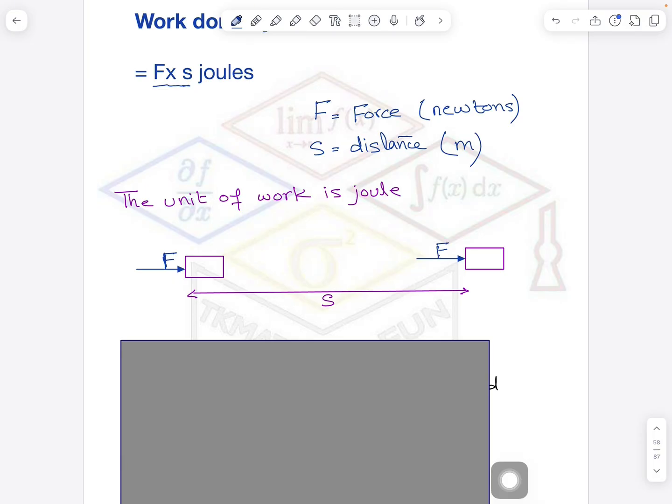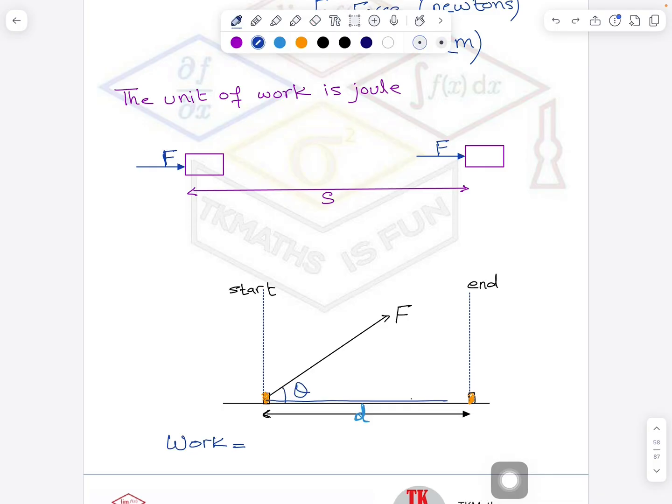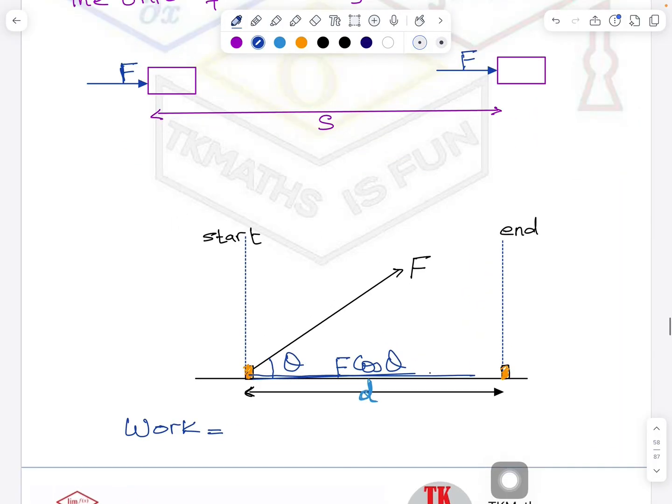This is one situation. Let's see another situation. The object is on the horizontal plane. Force is applied but at a certain angle. So now if the object is pulled by a particular force acting at a certain angle, and the object is moving horizontally, then your force component in the direction of the motion will be F cos theta. Agreed? Because we have already learned how to find the component of forces in the previous lessons.